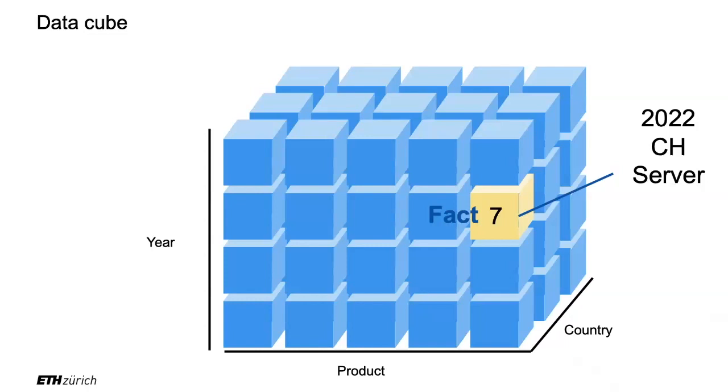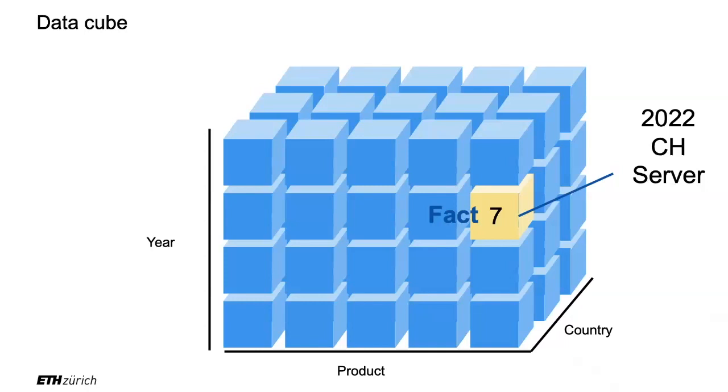So what is a cube? Well, I built a three-dimensional cube just so that, because 3 dimensions is kind of what we usually visualize in our minds. So imagine that we look at several years, we look at several products that the company is selling, and we look at several countries.